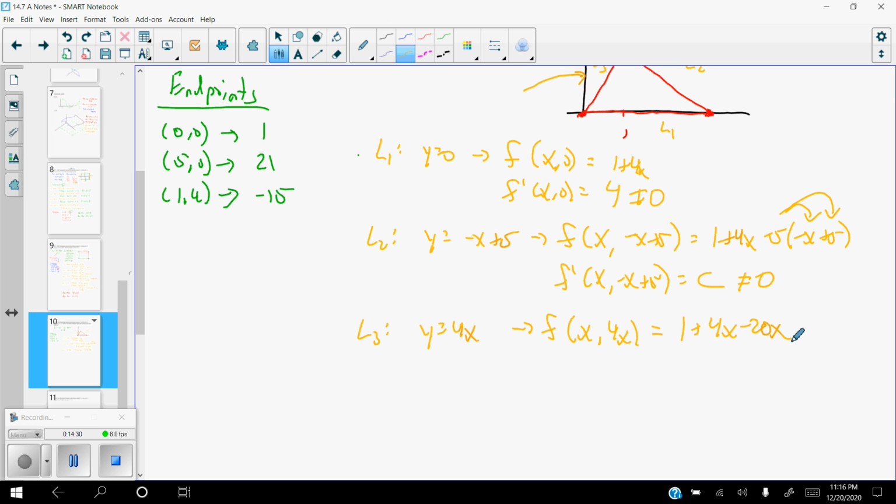Which, once again, if you go ahead and combine that, you get -16x. You're going to get -16 for your derivative. So in this case, you get -16, which cannot equal 0.